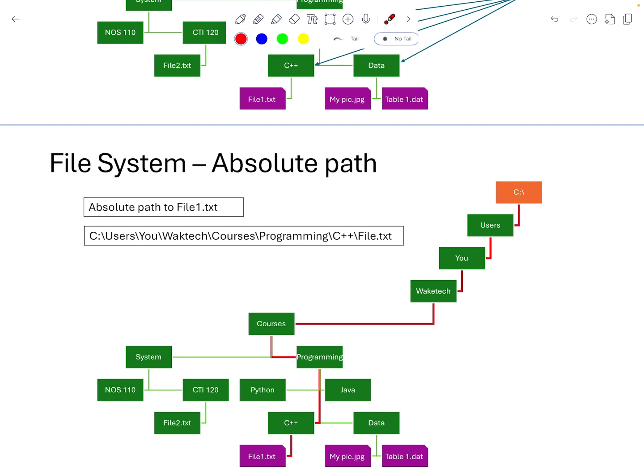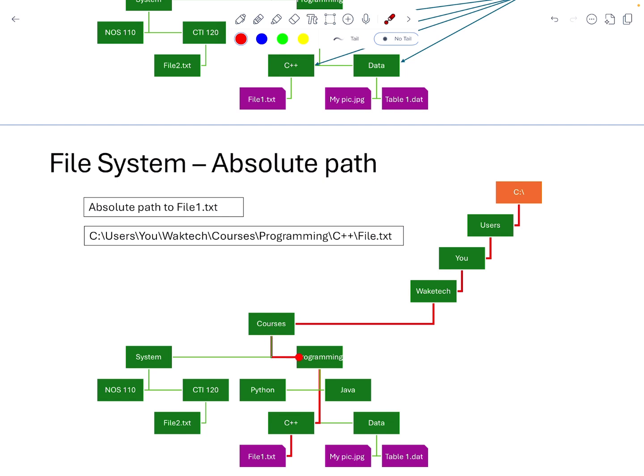So if you follow the red line, the path, it actually creates an absolute path. We start from the C drive, and then we go to the child of the C drive, users, and then you go to your user home directory. From there, its child is WakeTech, and WakeTech has a child, courses. Courses has two children, system and programming, but the file1 is in the path of programming, right?